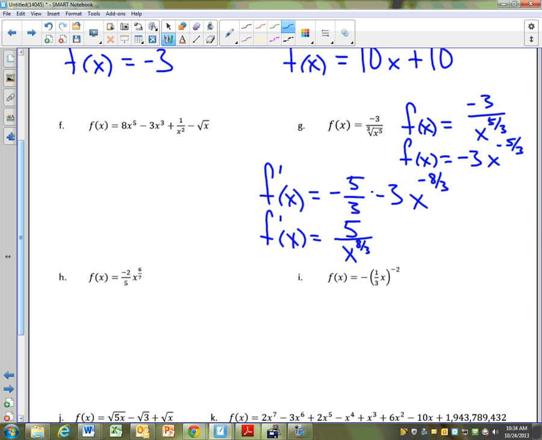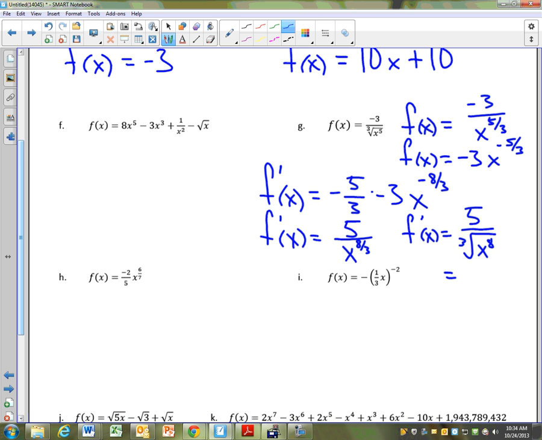You can leave it like that. However, if you want to write f prime of x is equal to 5 over the cubed root of x to the 8th, that is technically not reduced. Why? There's a perfect cube. What's a perfect cube? You could take out x to the 6th, and it reduces to x squared.